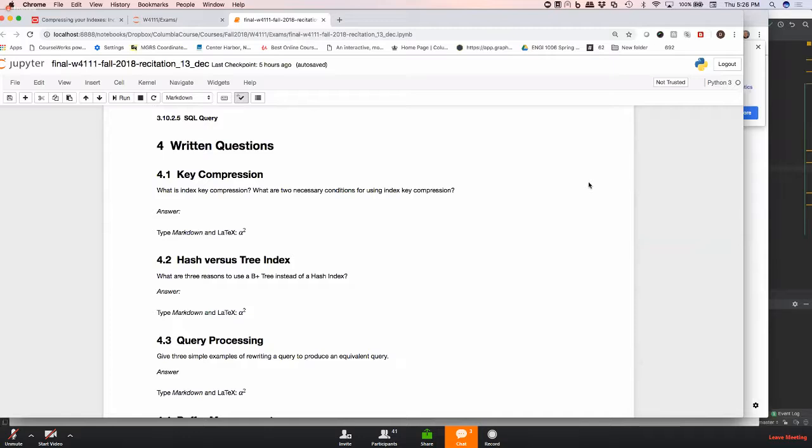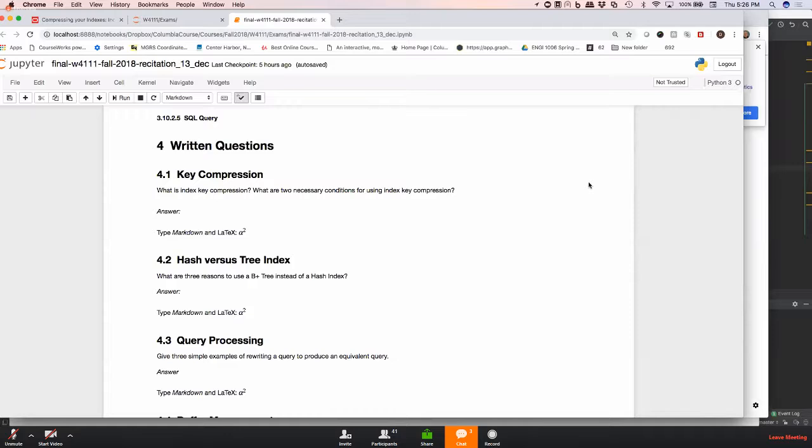So the first answer is, very good, think about a where clause. You're using a key to accelerate lookup with a where clause. A hash index is only going to work if the operator is equals.